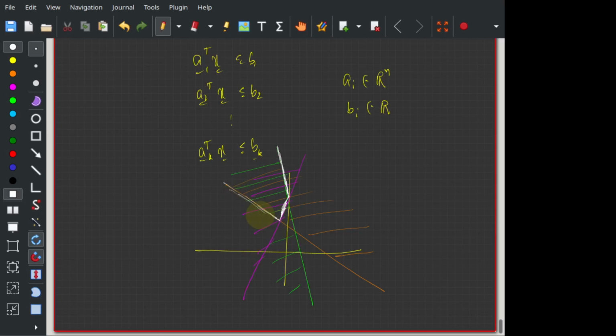Again, if I take just three constraints, then potentially I could get an unbounded set. But I could potentially also get a bounded set.